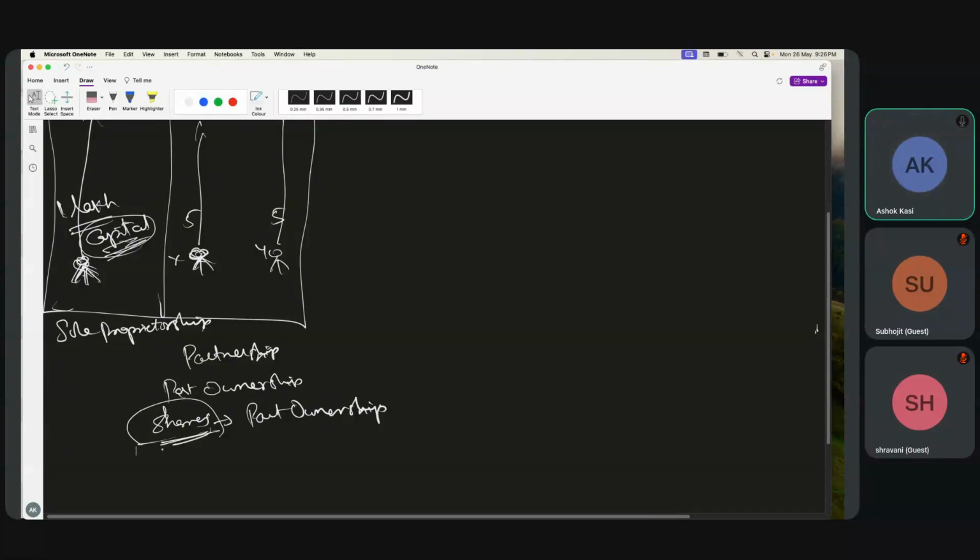Sharing means you are giving part ownership. When you say I'm sharing food with my friend, that means you are giving part ownership of food to your friend.